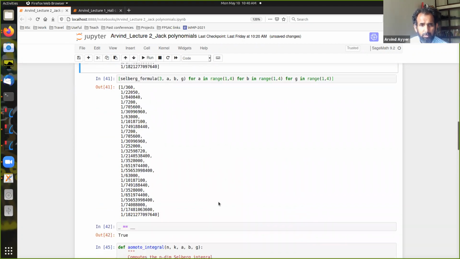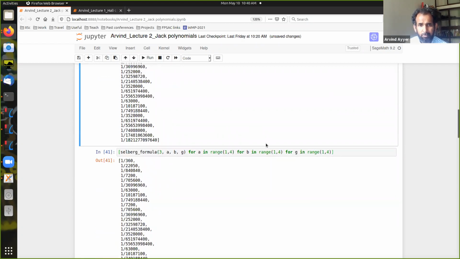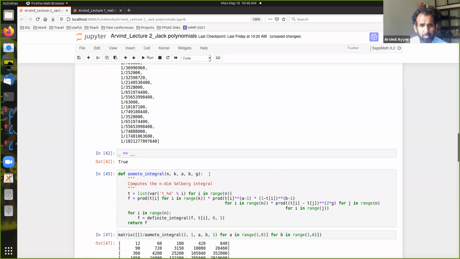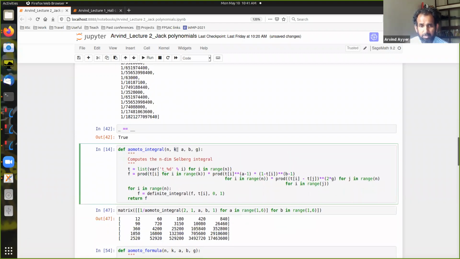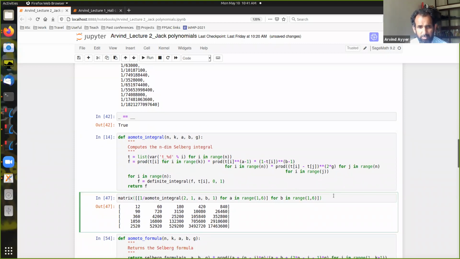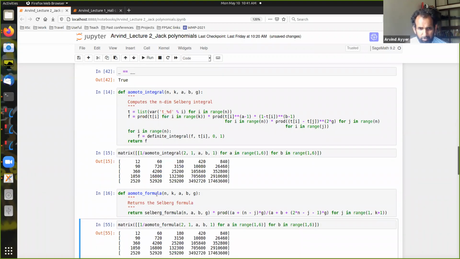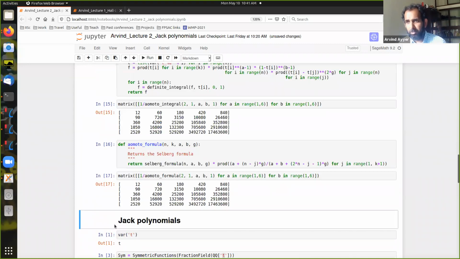And I did it for different values of a, b, g. Then I defined the Aomoto integral. Now this involves this extra parameter k, and again I tried this. So this computes the actual integral, and the Aomoto formula computes the product. And again, you can see that they are the same. I did not yet program the Jack polynomials. Maybe I'll do it in the afternoon before I send it over.